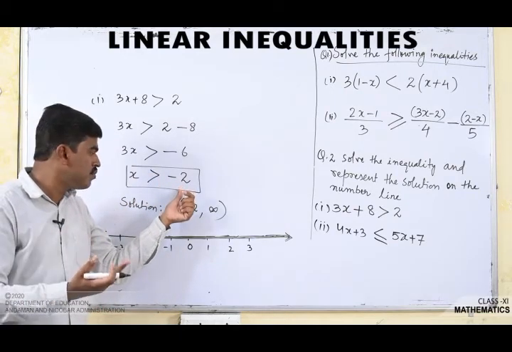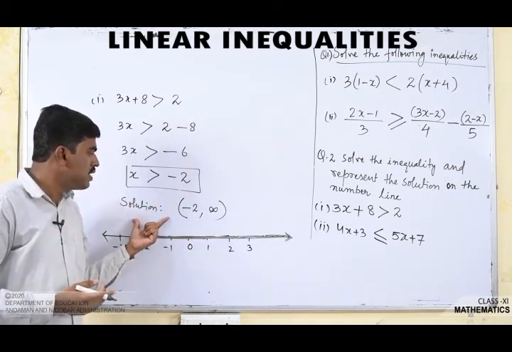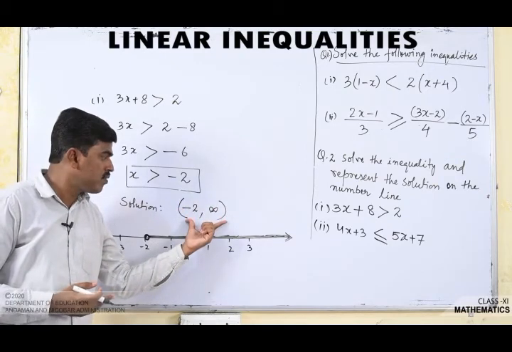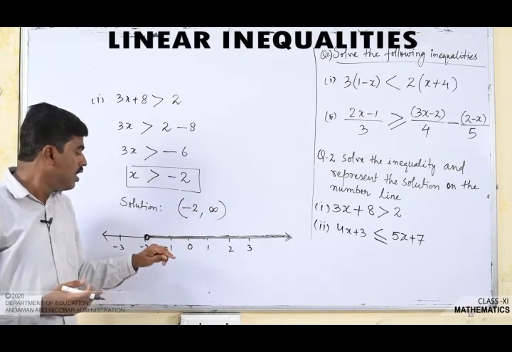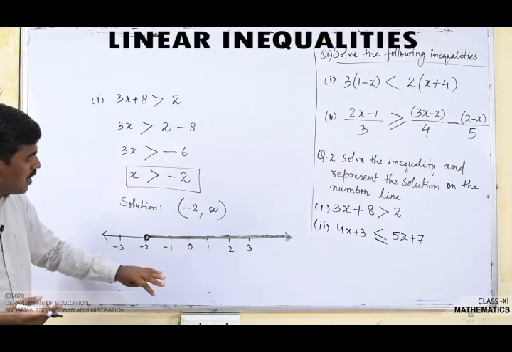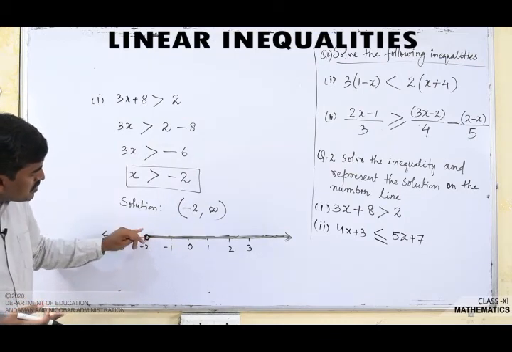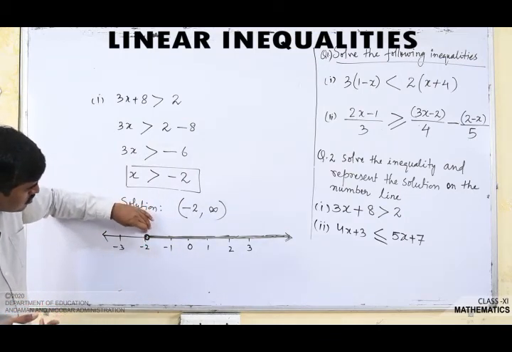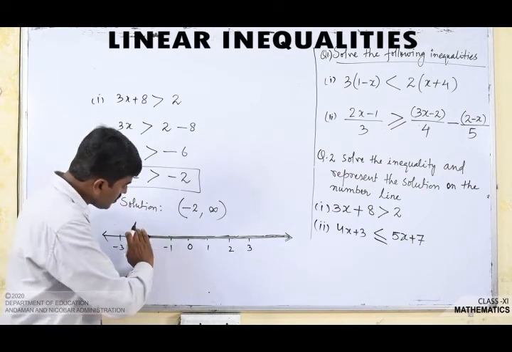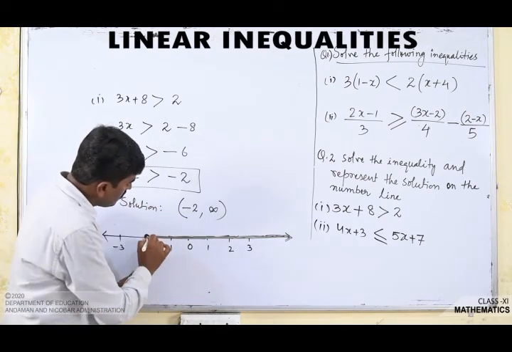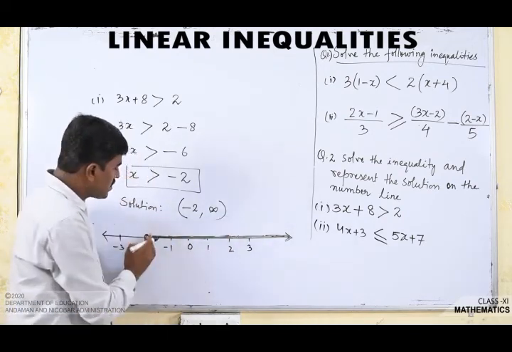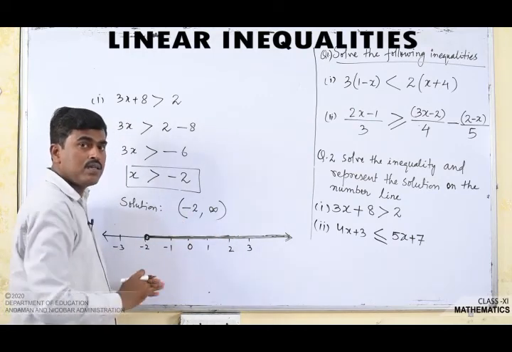So there are infinite number of solutions, and the solution set in the interval form is (−2, ∞), and on the number line, just make an open circle at the point −2 and shade the region which is greater than −2.